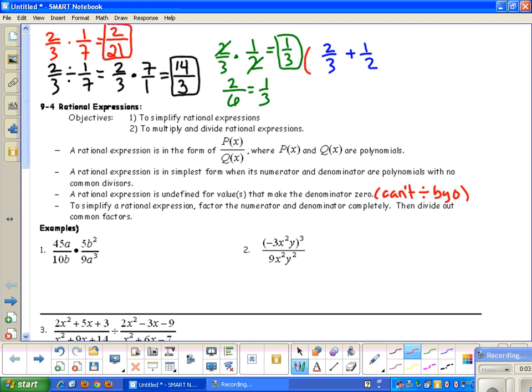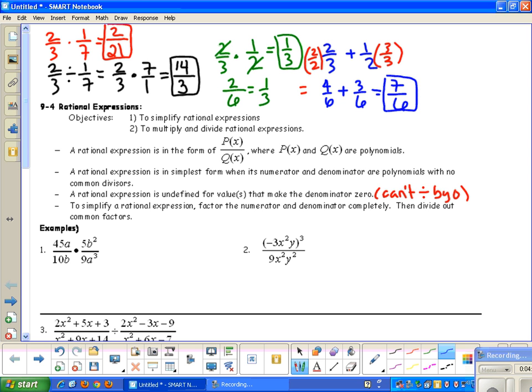So we would multiply this by 2/2, and then this would get multiplied by 3/3. And then when you rewrite your equation, you would end up with 4/6 plus 3/6. And then remember, when you're adding and subtracting fractions, you add the numerators. So 4 plus 3 gives me 7, all over your common denominator.